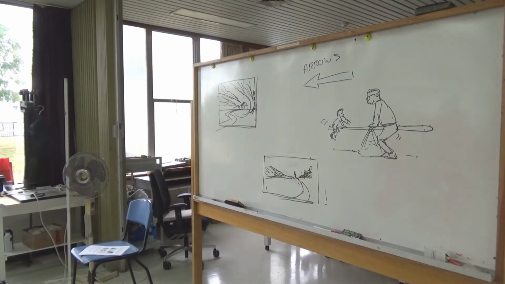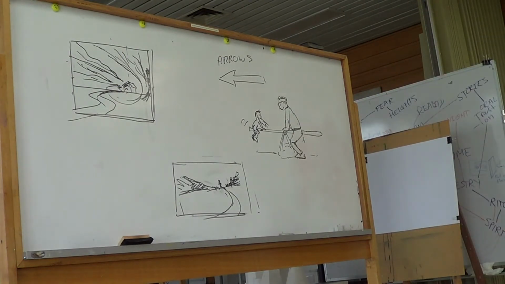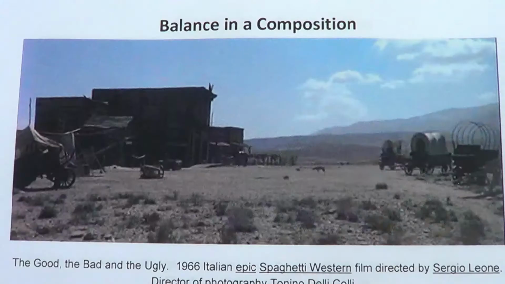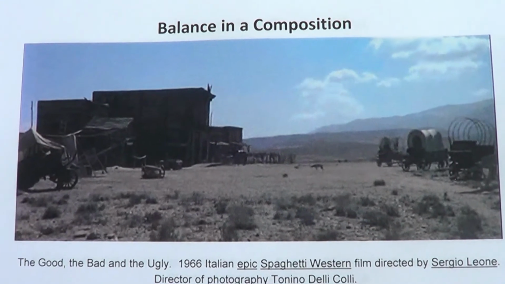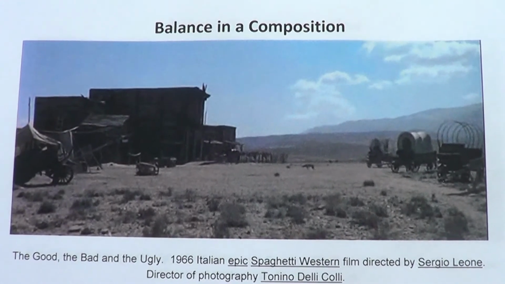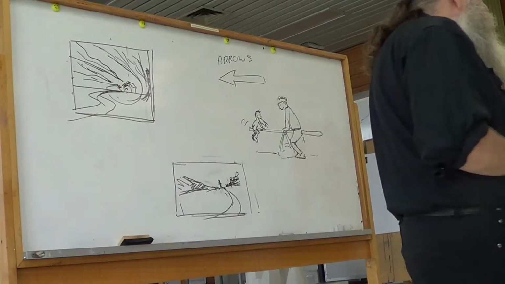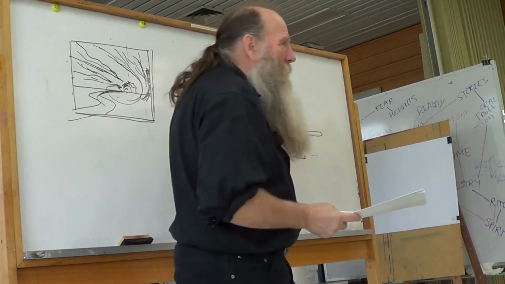Alright, next example's coming out, send it to you that way. Okay, top picture, again from my favourite film, The Good, the Bad and the Ugly. You have a great big heavy building on one side, and that creates a bit of an imbalance, so the wagon wheels and things are as far right as possible to try and attempt to get the balance again.